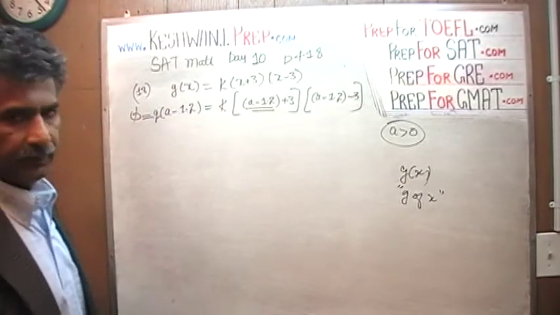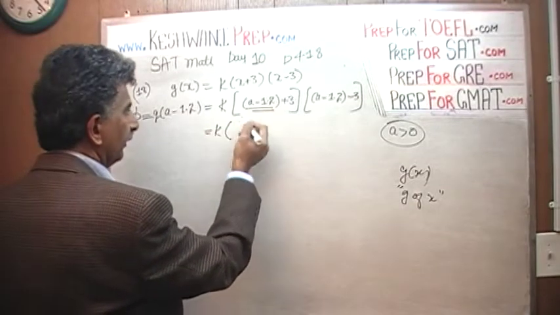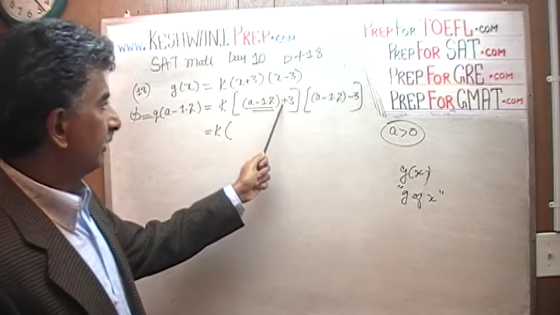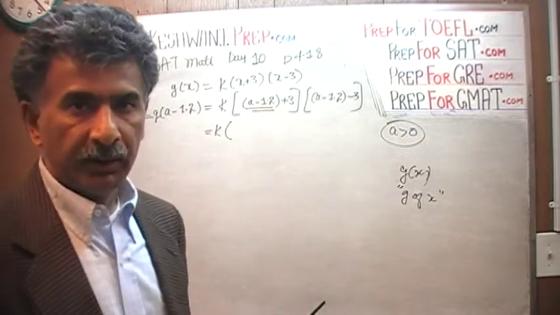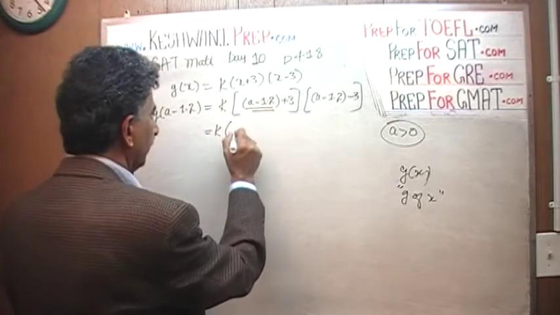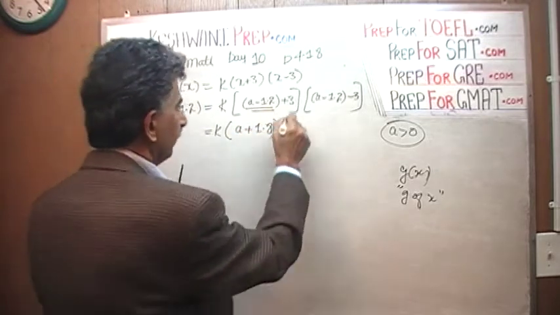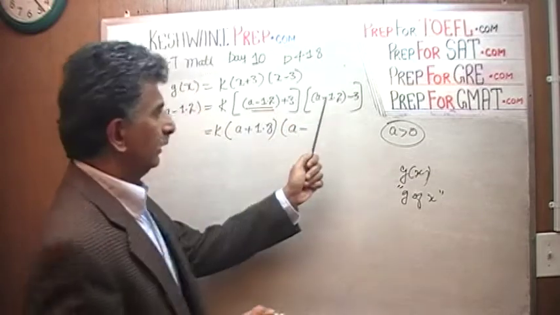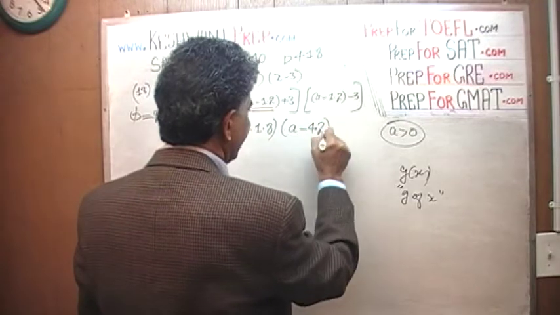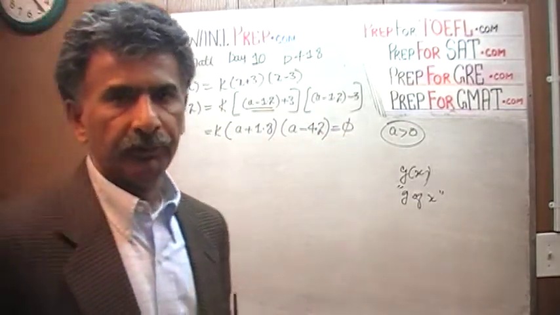Let's simplify it. k times a minus 1.2 plus 3: a negative 1.2 and a positive 3 make positive 1.8. So a plus 1.8. And a minus 1.2 minus 3 will be a minus 4.2. And this whole thing equals 0, we are told.